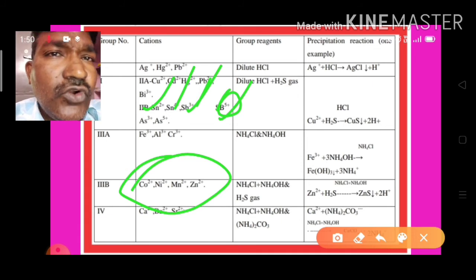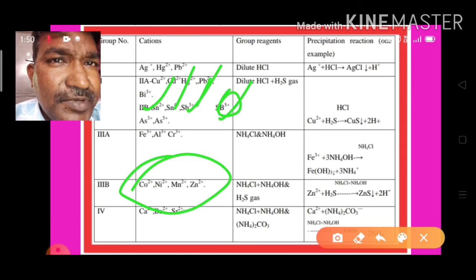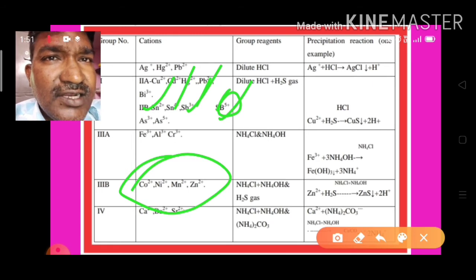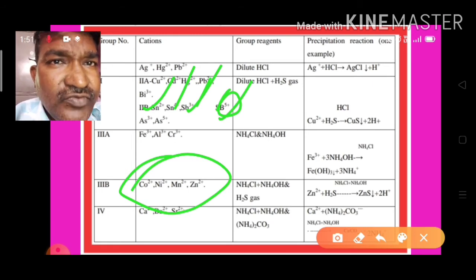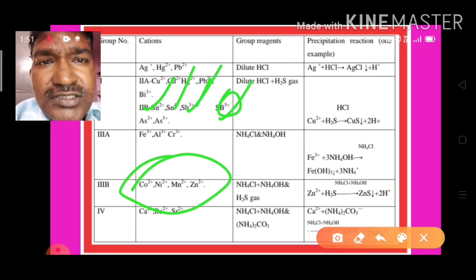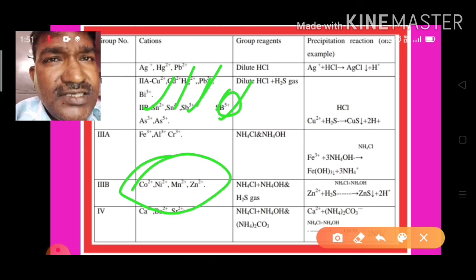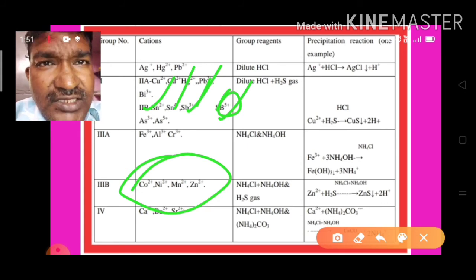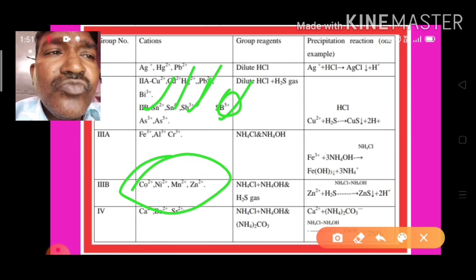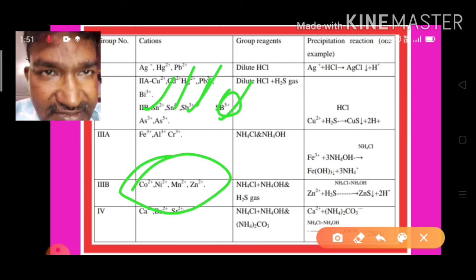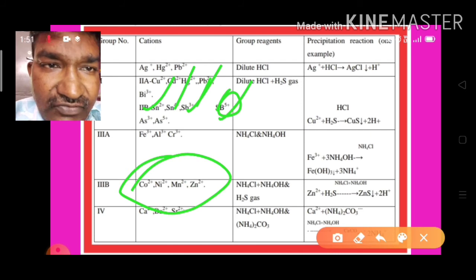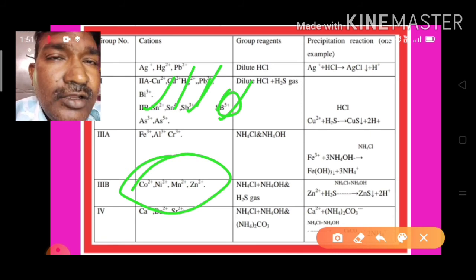So second group and fourth group cations are both precipitated as sulfides, but during the second group test we don't get the fourth group cations, because the solubility product of the fourth group sulfides is very high compared to the second group. So during the test for the second group cations we don't get the fourth group sulfides.